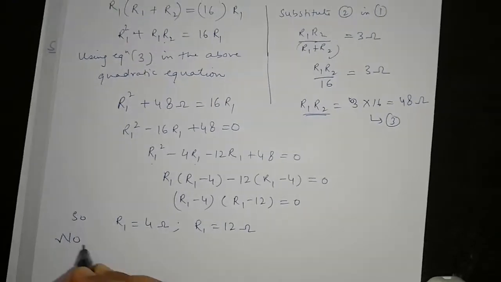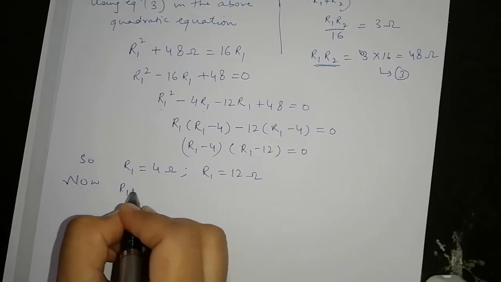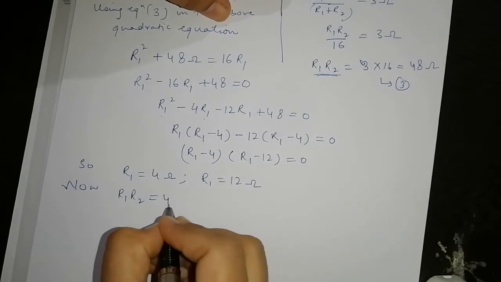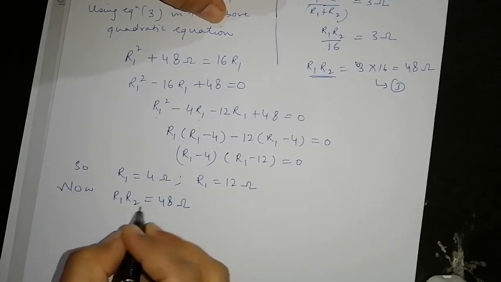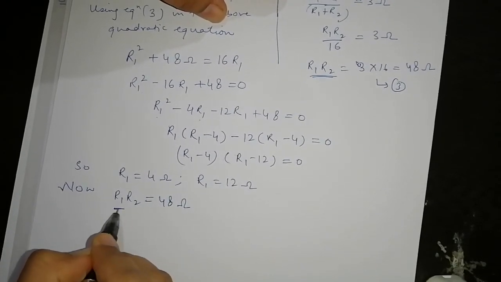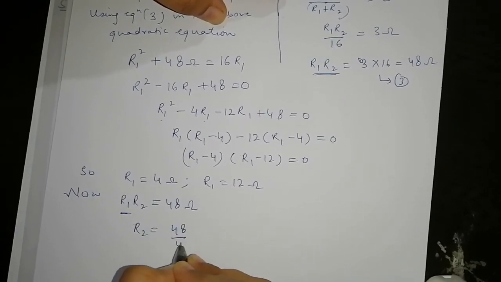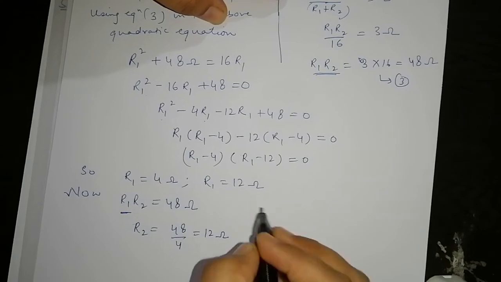Now R1 R2 is given to be 48 ohm. So when R1 is 4 ohm, then R2 will be equal to 48 divided by 4, that is 12 ohm.